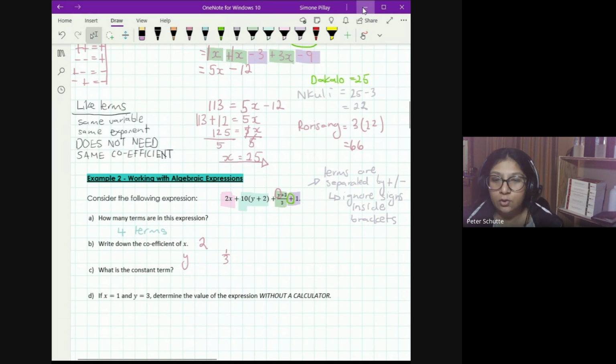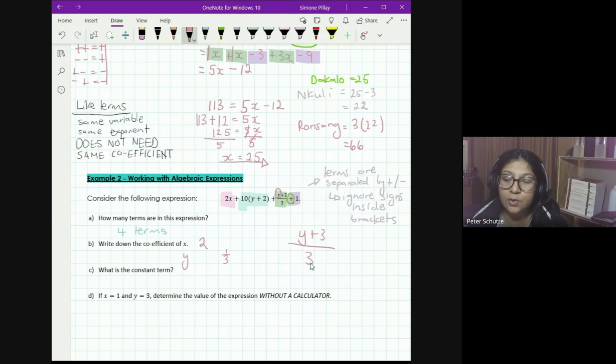Okay, so Itandile, all I'm saying to you is, if we have a variable that's inside a fraction, so it's y plus 3 over 3, immediately I know when I'm looking at the coefficient of y, this plus 3 is not relevant to me. So what's left here is y over 3. If I was just doing it normally, I'd say the coefficient is 1.